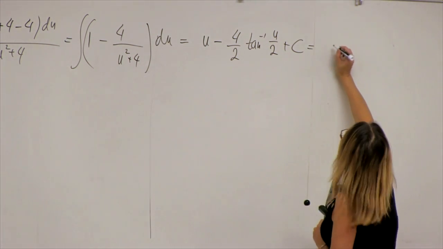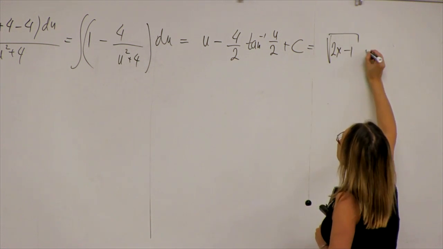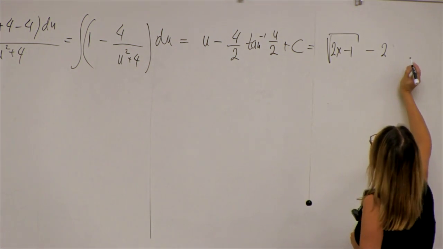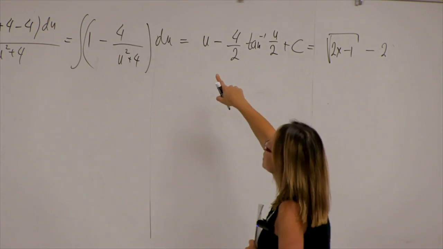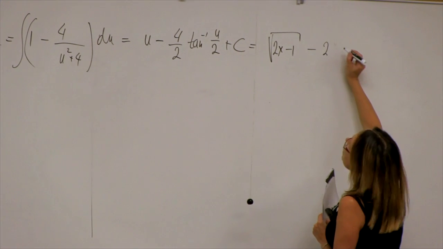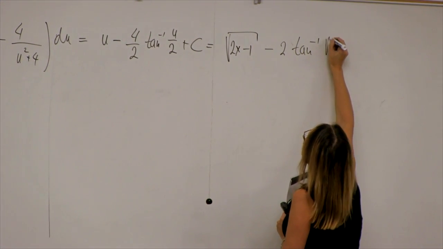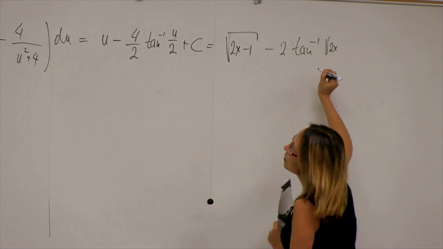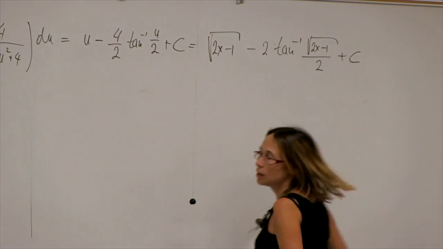So what is u? The square root of 2x minus 1, minus 2. One second, did I make a mistake here? No, it's okay, I think. 2 tangent minus 1 of the square root of 2x minus 1 over 2, plus c.